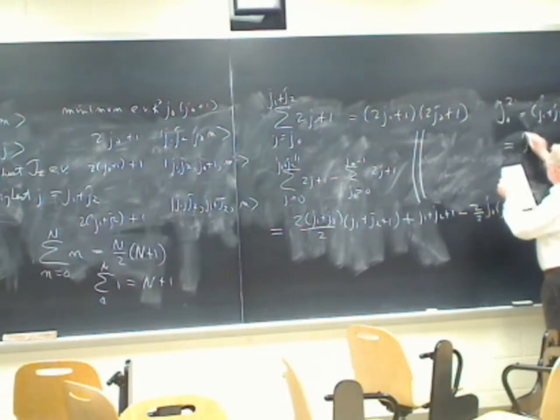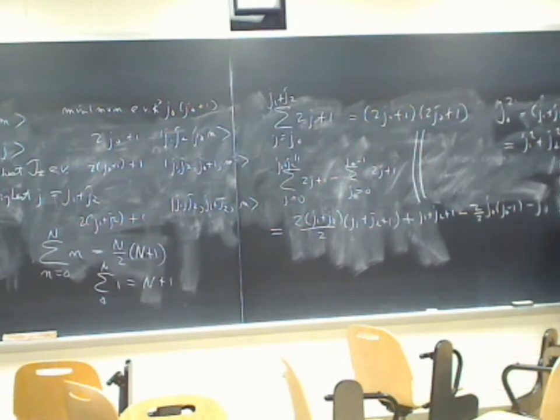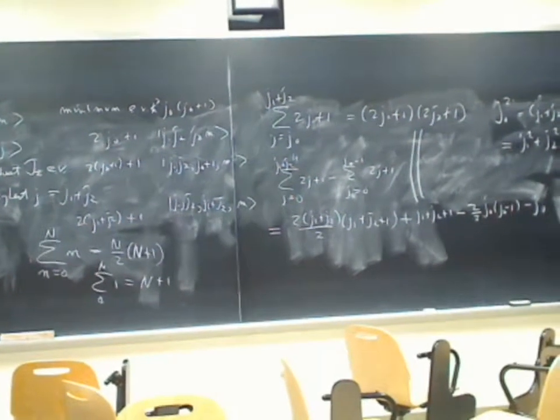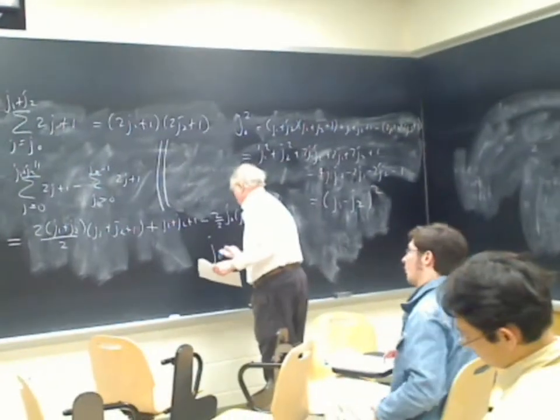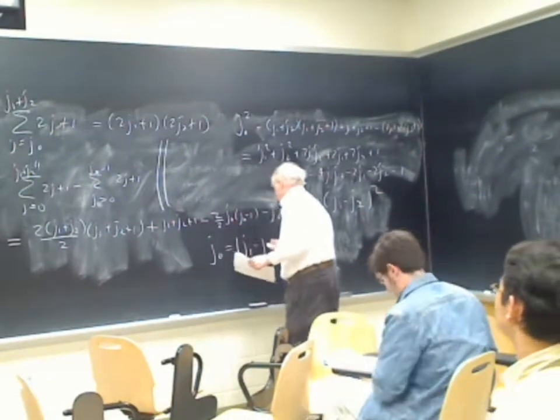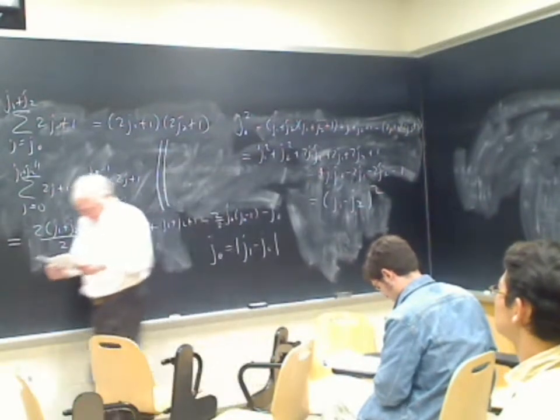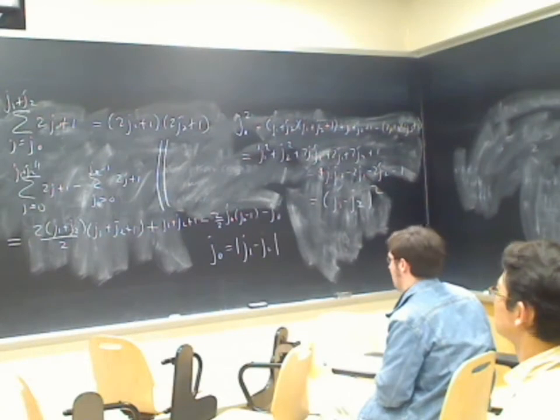And that's equal to J1 squared plus J2 squared plus 2J1J2 plus 2J1 plus 2J2 plus 1 minus 4J1J2 minus 2J1 minus 2J2 minus 1. And altogether that is (J1 minus J2) squared. So the minimum value of J0 is the absolute value of J1 minus J2. It has to be positive, and so that's our result.